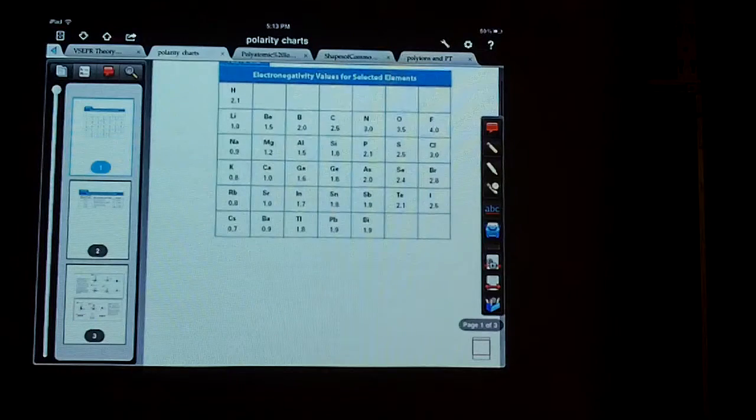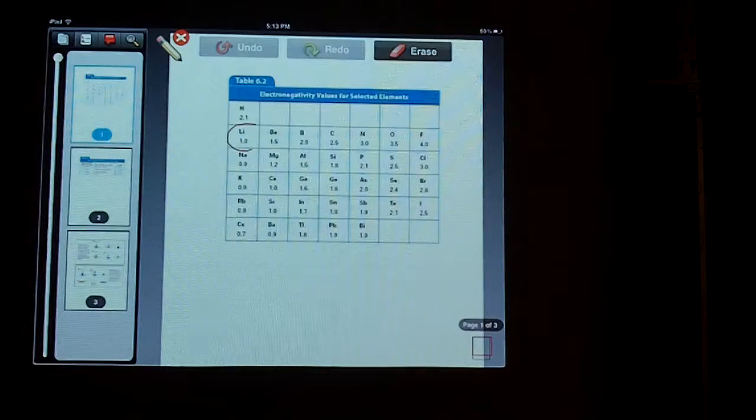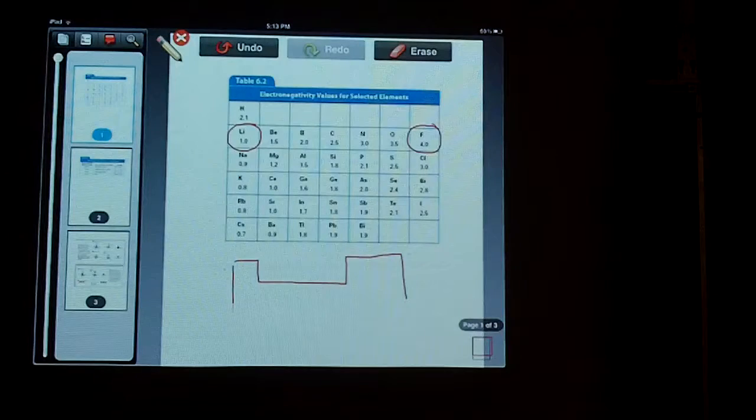All right, so let's take an example. Let's take this bond. We're going to have lithium bond with fluorine. Right, now this is going to be an ionic bond. How do we know? Because lithium sits over here, and the fluorine sits over here.